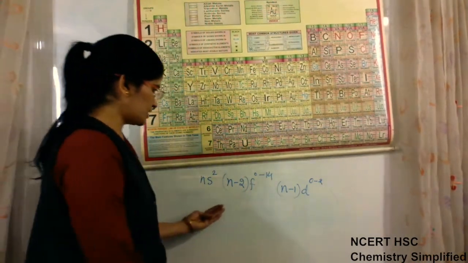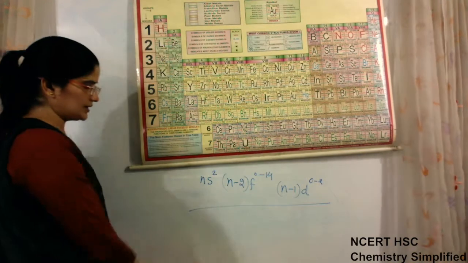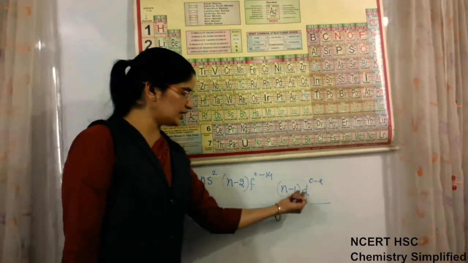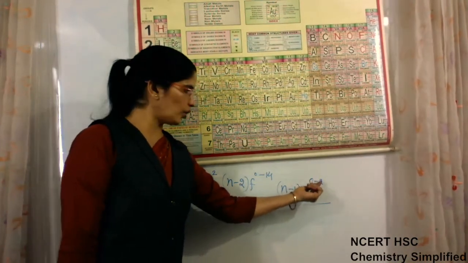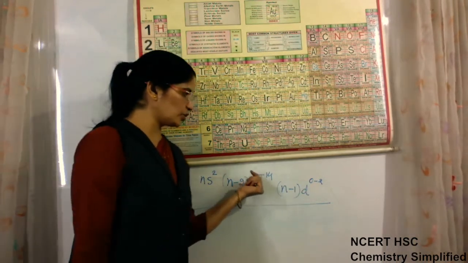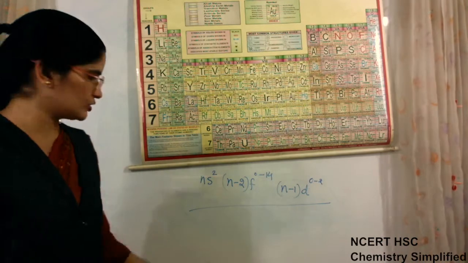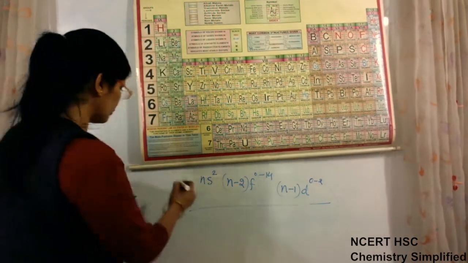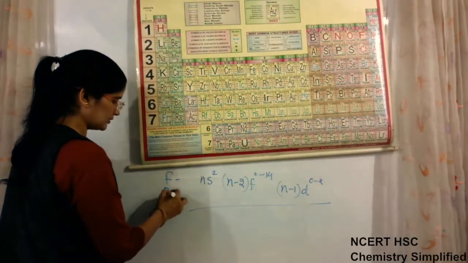Means in case of F block elements, in D either no electron will be there or 1 or 2 electrons can be there, and in F sometimes 0 and up to 14 can be filled. So this is the outer electronic configuration for the F block.